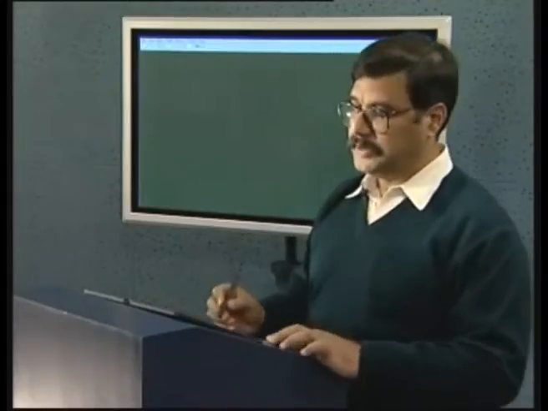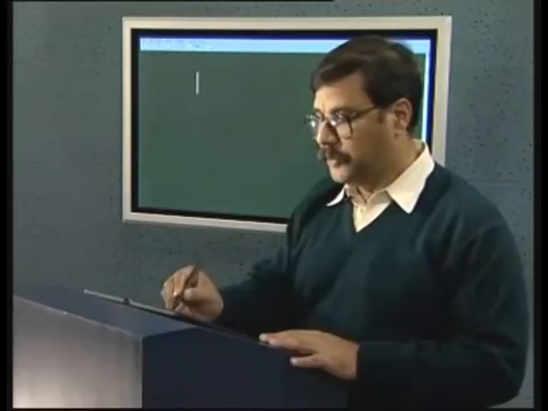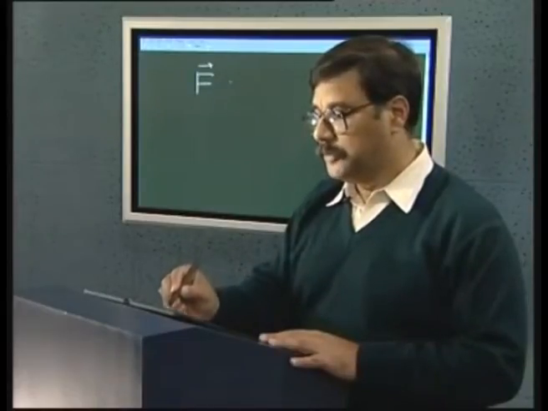The simplest one, as I said earlier, is the force which is proportional to v, and I'm going to write this as F equals minus k v, and I'm going to call it drag force. k is the coefficient of drag.